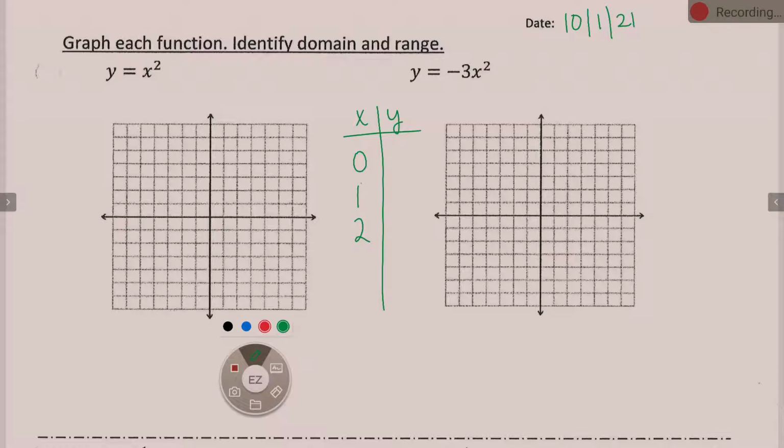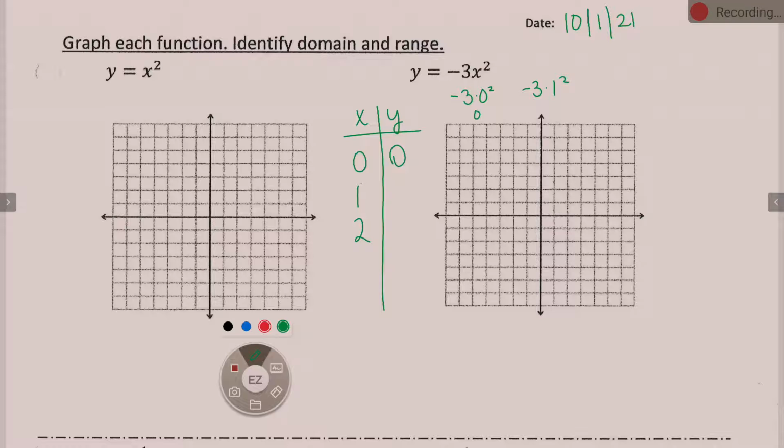Well, 0 is the easy part. If I put in 0, now keep in mind it says negative 3x squared, that means I'm doing negative 3 times 0 squared. 0 squared is 0, times anything is 0. Okay, try the next one. Negative 3 times 1 squared. Remember when you do this, do the exponent first and then multiply. It's going to be just negative 3.